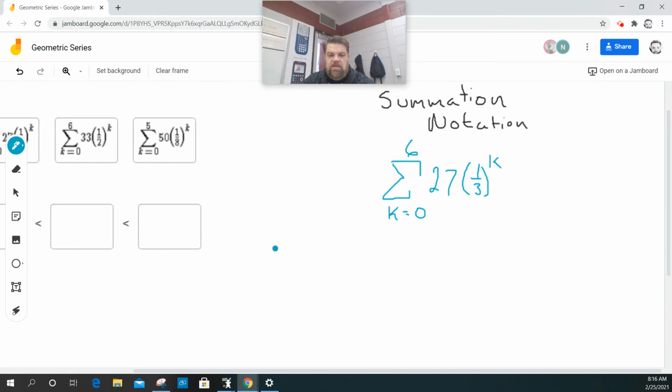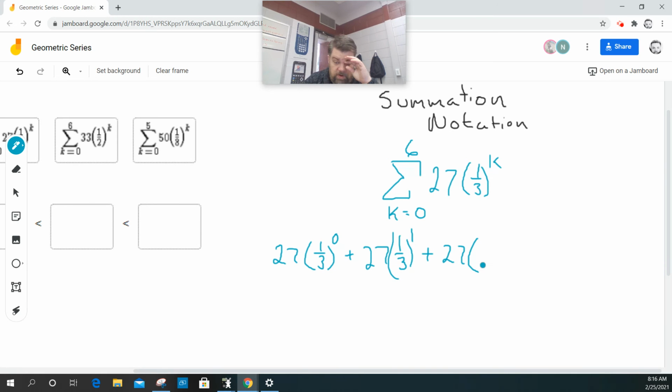So this is the same as saying 27 times 1/3 raised to the 0 power plus... I'm just going to cycle through 1, 2, 3, all the way up to 6. So I'm just writing down 27.